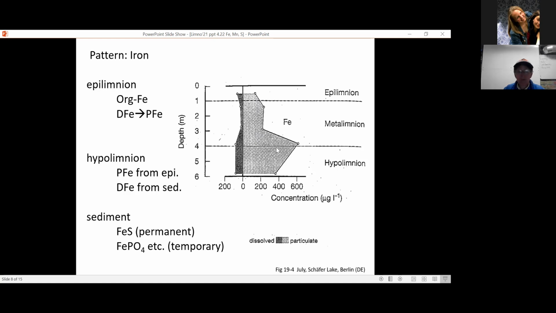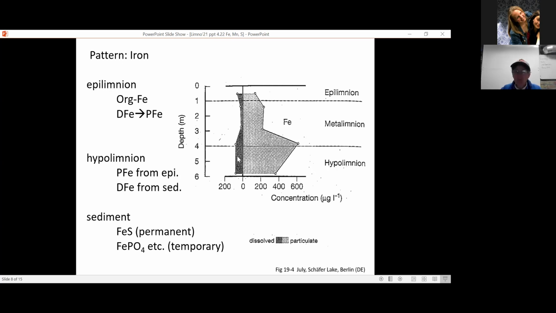So when you get to the hypolimnion, which is in this illustration, this cartoon, a reducing environment, you see the highest concentrations of dissolved iron that you see anywhere. Most of the iron is still particulate in minerals and algae, but there is some dissolved and more than any other depth.